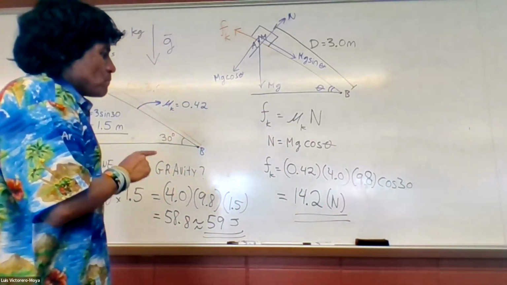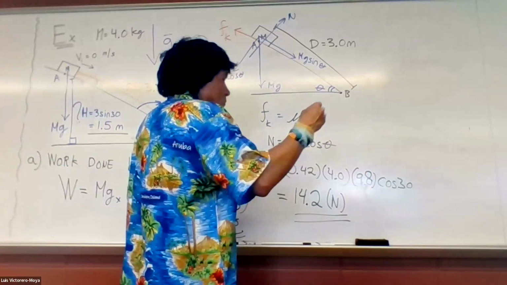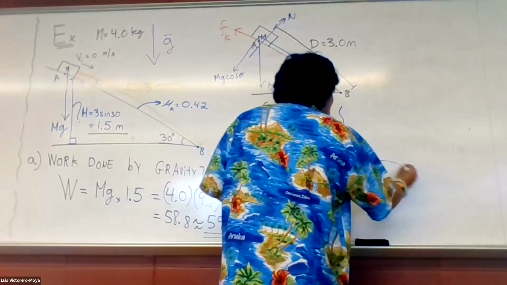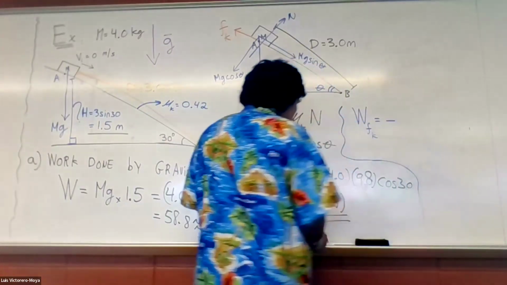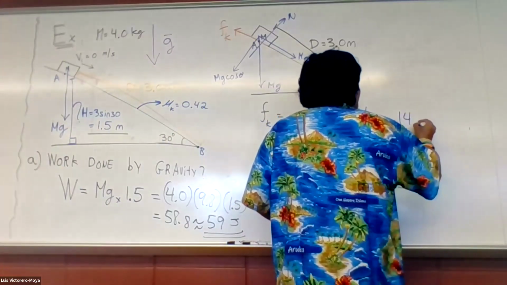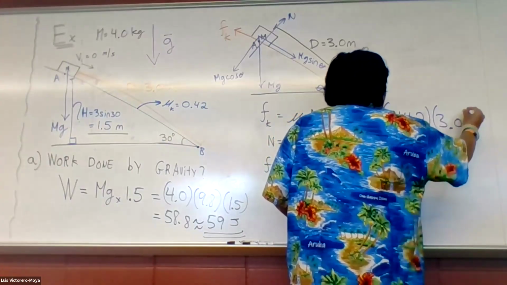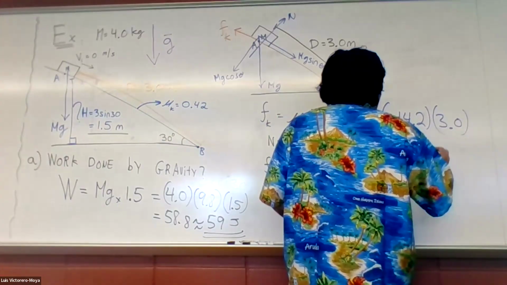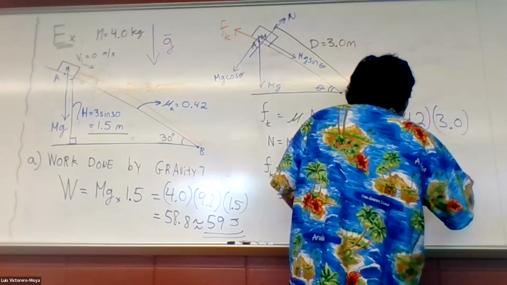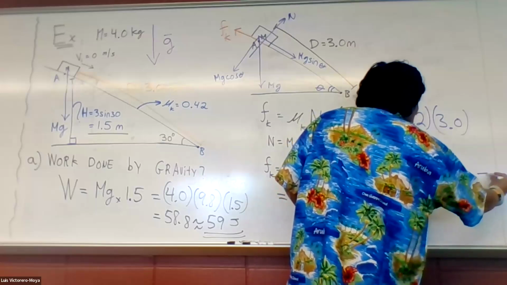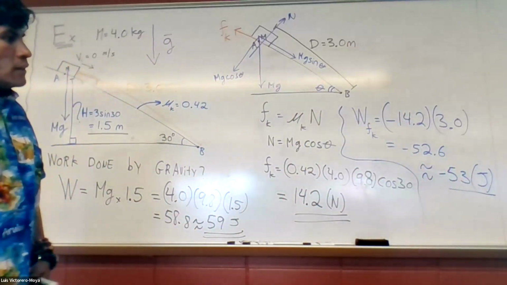So that's my friction. So what's the work? The work by friction, Wk, is negative the force of friction times the distance traveled, 3.0. That will be negative 52.6, which you can round to negative 53 joules. There you are. That's the work done by friction.